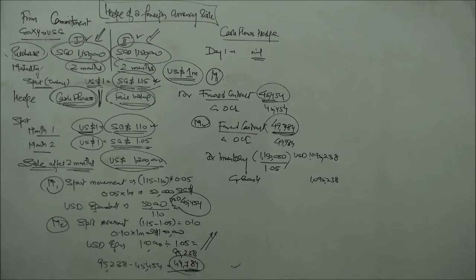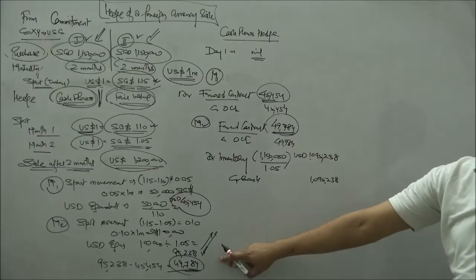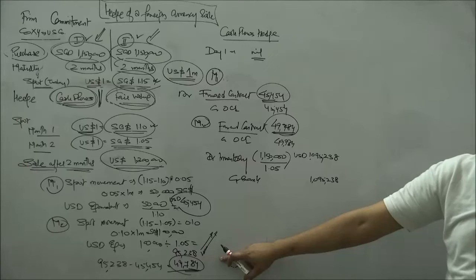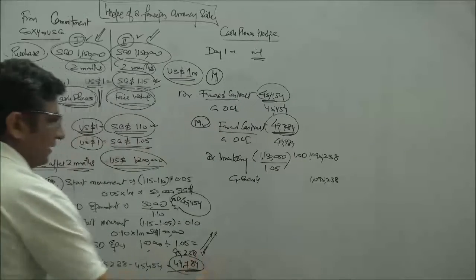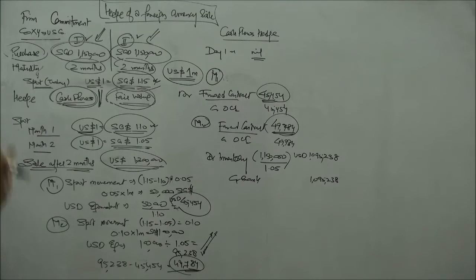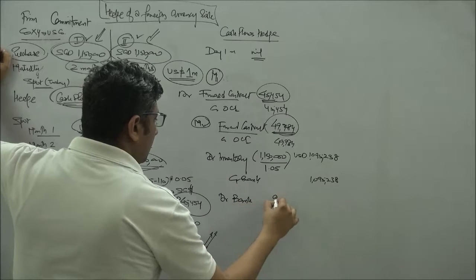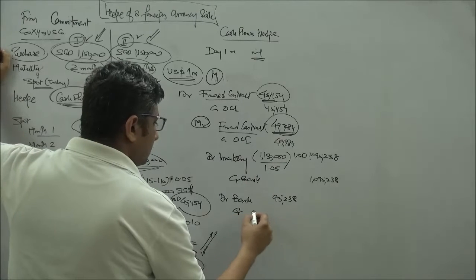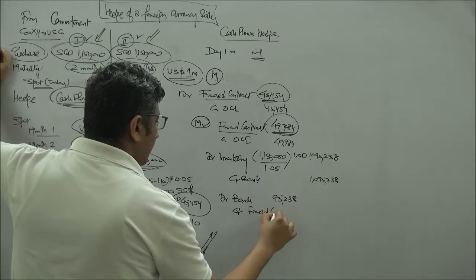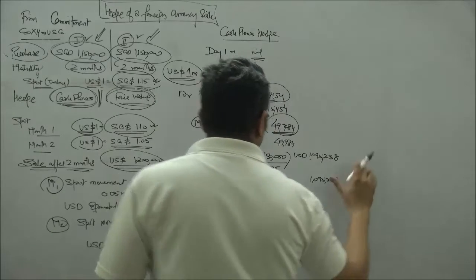Okay, so what we are doing here is that we are bringing this 95238 as a recovery. That's my cumulative gain so far. So I shall be reversing that gain and creating recovery of that through bank. So we say debit bank 95238 and credit, of course, my forward contract of 95238 here.